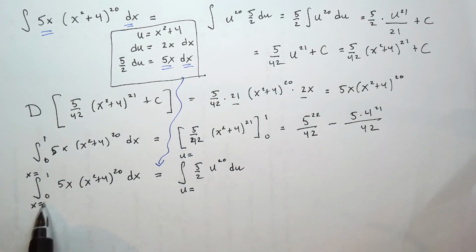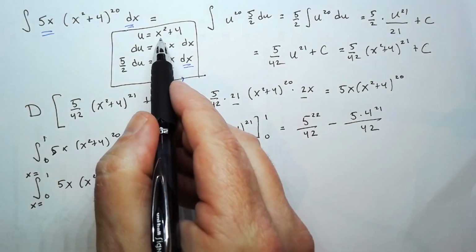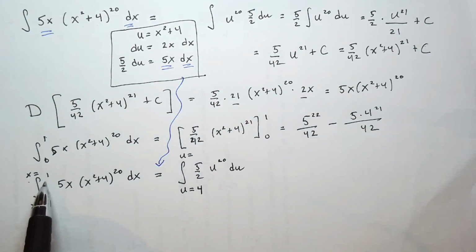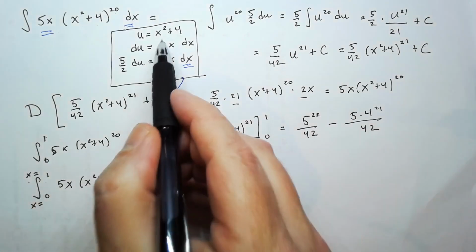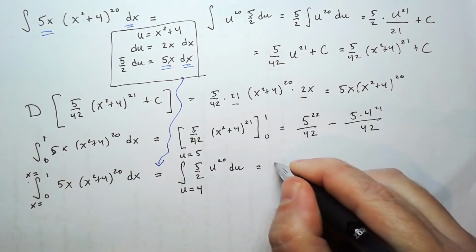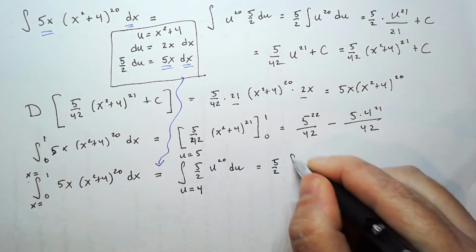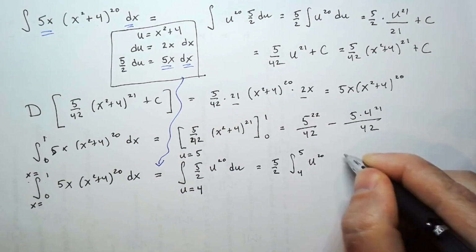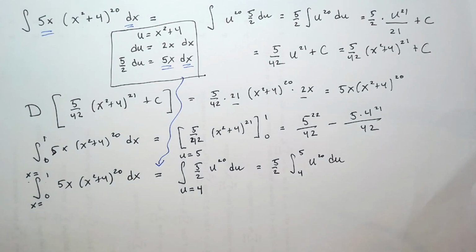Well, when x equals 0, u equals 4. When x equals 1, u equals 5. So we have 5 halves times the integral from 4 to 5 of u to the 20th du.